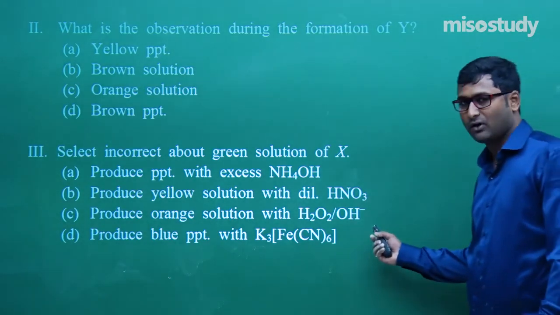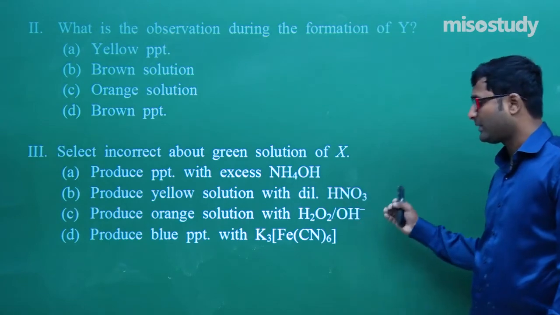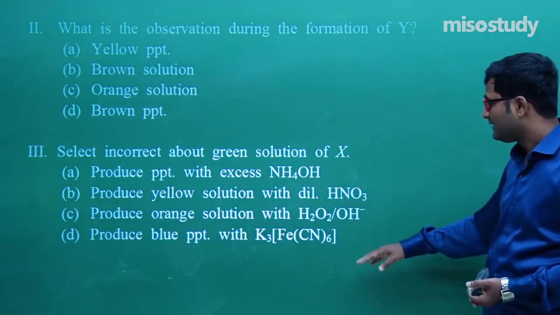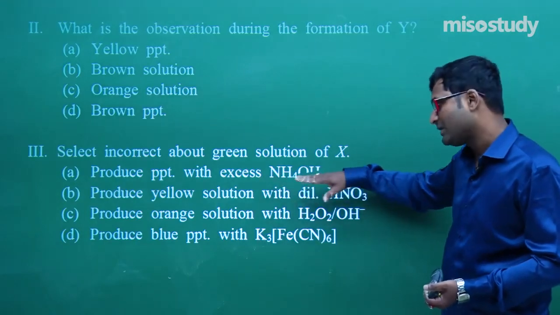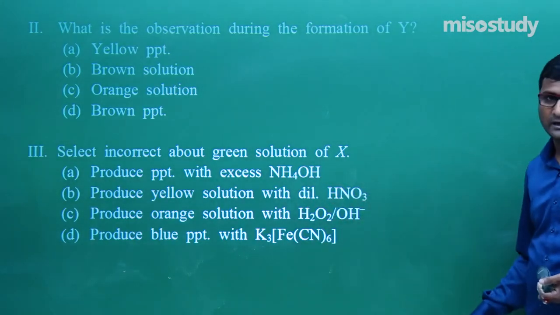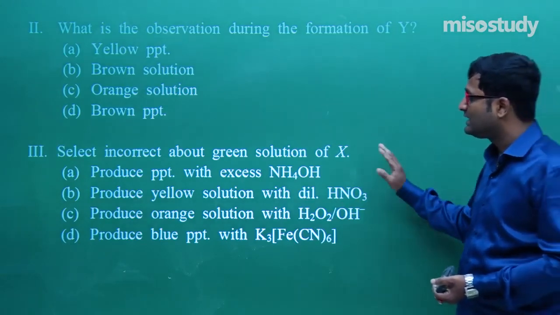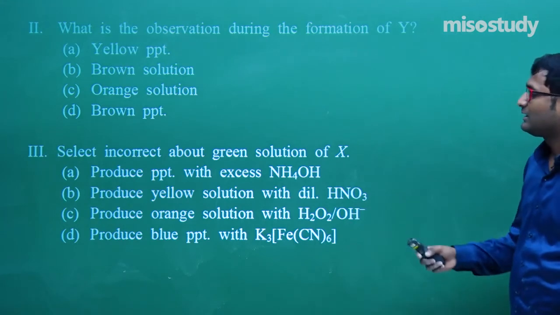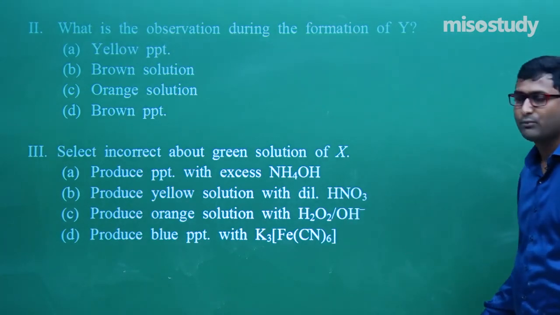Unfortunately I had told that it forms. It does produce a blue PPT, it produces PPT with excess NaOH, it produces a yellow solution with dilute HNO3. So for this, C is wrong. It reacts, but the orange color is not produced.